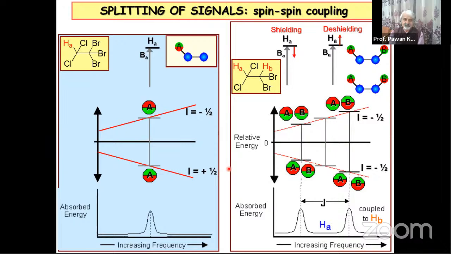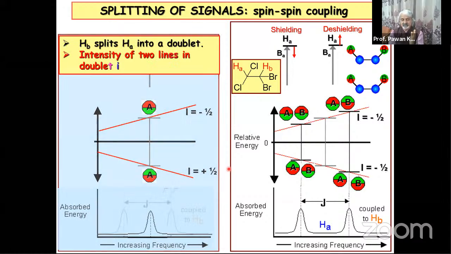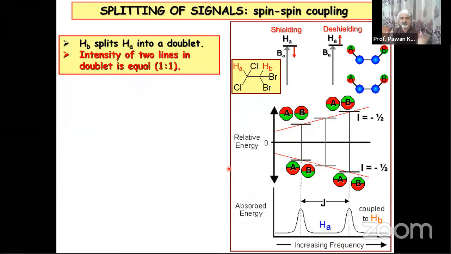So HB would split HA. Half of the HA it would take to the shielding zone, and the other half of HB, which is aligned with the applied magnetic field, would take HA to the deshielding. So half of the signal of HA would be shielded, half would be deshielded.